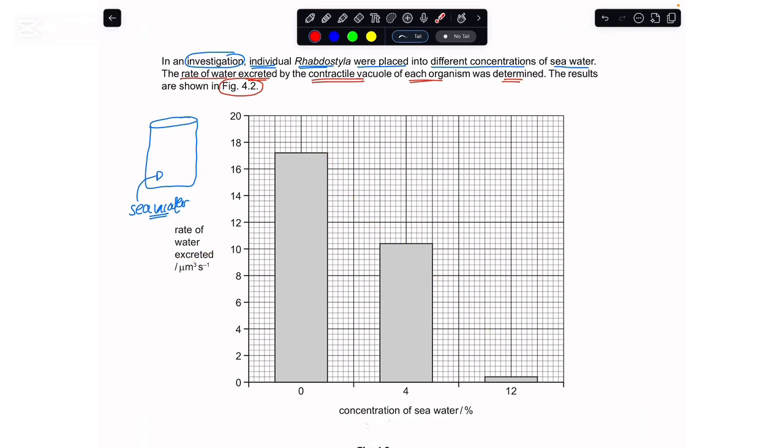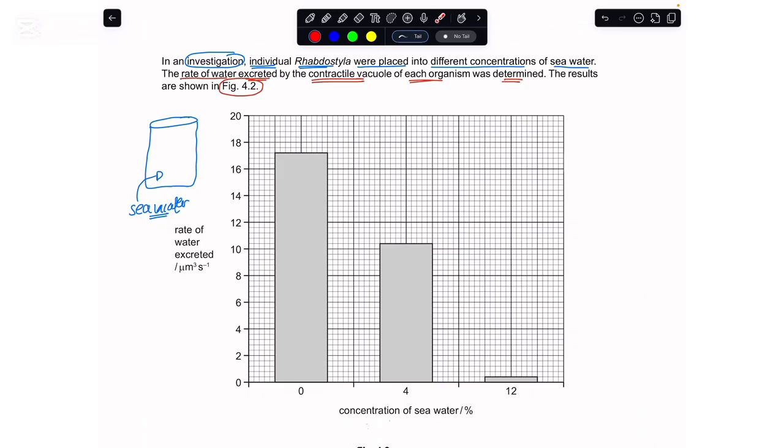So what this implies is that when I increase the concentration of the seawater, the salt would be increasing and the water would be decreasing. So as the concentration increases, less water would be entering into the Rhabdostyla species, and that is why they would not have the urge to remove the water which is entering into them.